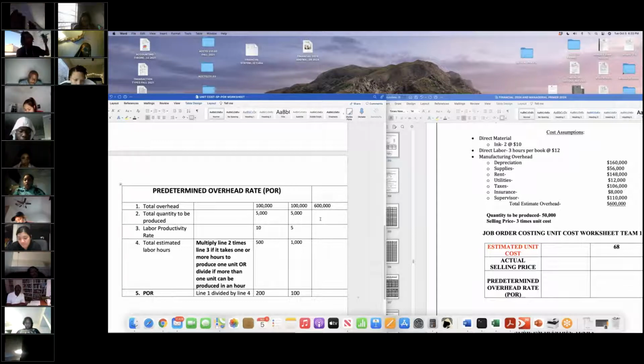What's total quantity to be produced? 50,000. So how many hours are we going? What's our labor productivity? 3 hours per book. So how many hours will they need to work? 150,000.